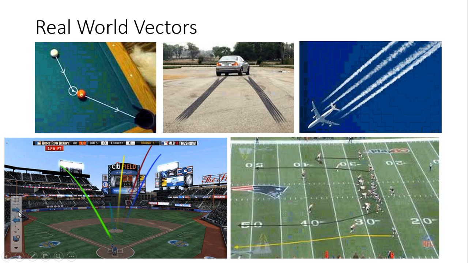When you're playing pool and you want to hit the ball so it goes into the pocket, vectors. Same thing with baseball, when they show you where the ball was hit and which direction it has gone, those are vectors. And likewise, when you're seeing Madden, telling you where these guys are running or where they came from, that's also vectors. Yes, sir.